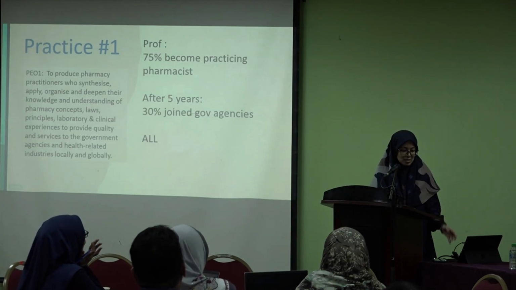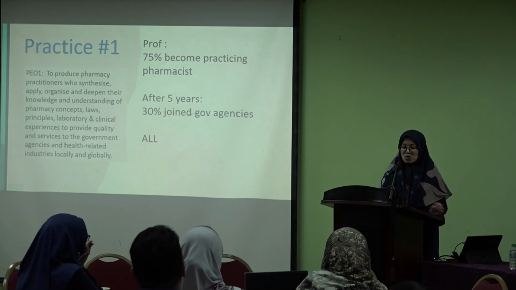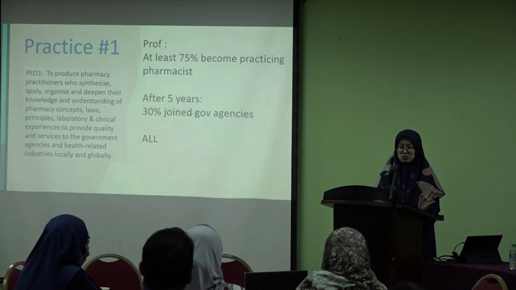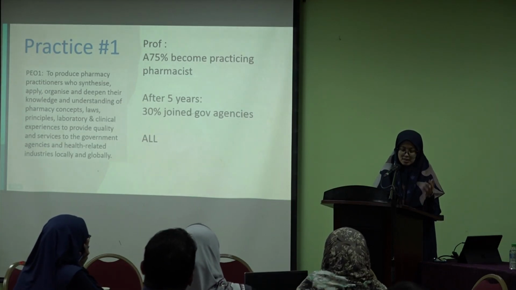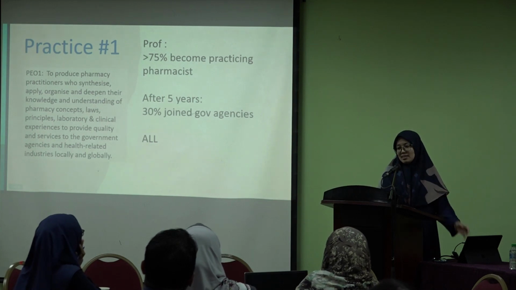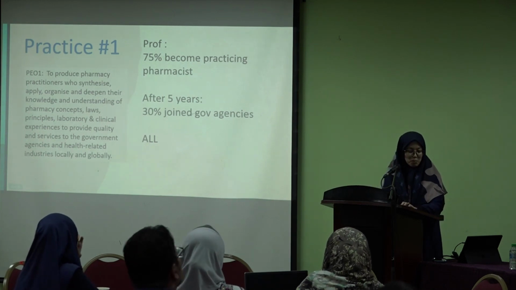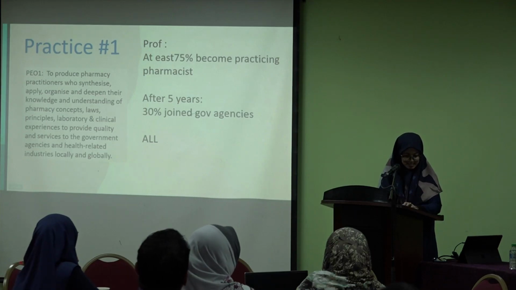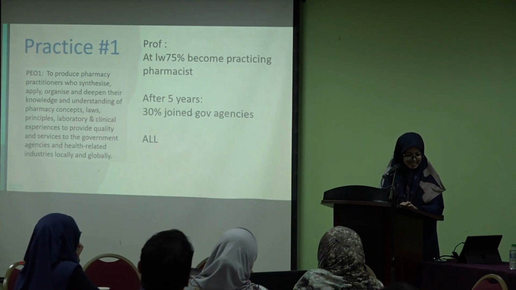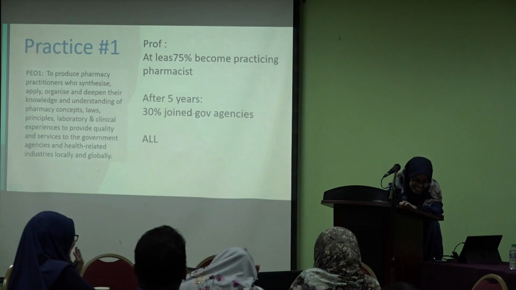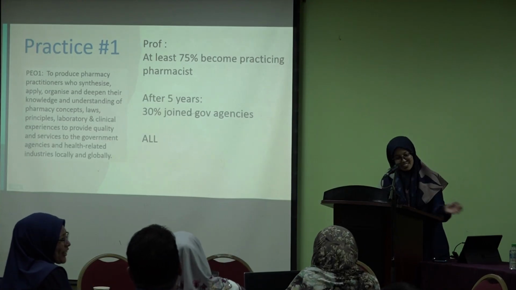So what is it that you have to revise? Just a small tweak. What is it? You can put at least, if you want to write or if you are mathematical. Kan. Boleh. You want to put at least. Yeah, okay, I write.